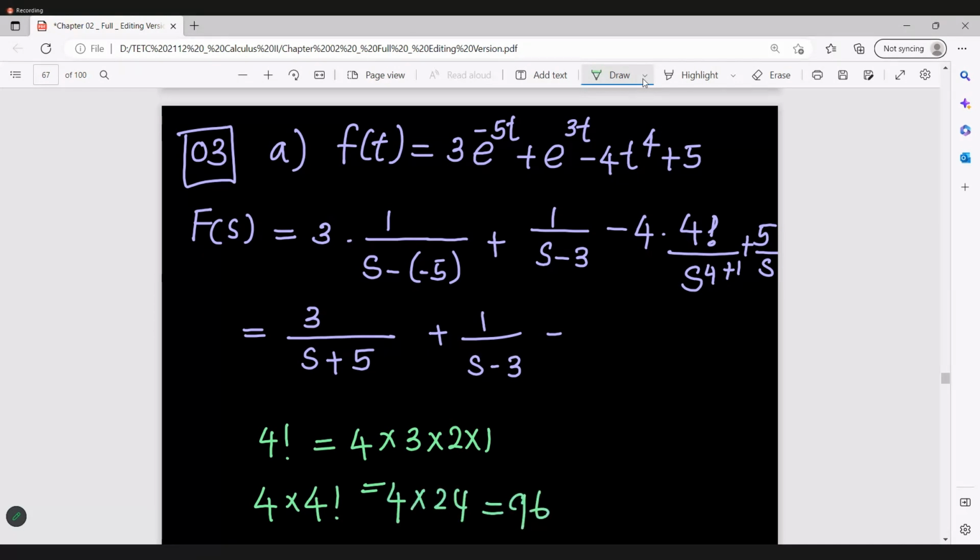So we can write the answer as minus 96 over s to the power 5 plus 5 over s. And here s should be some positive value. s should be greater than 0. Okay, this is the answer for the first part.